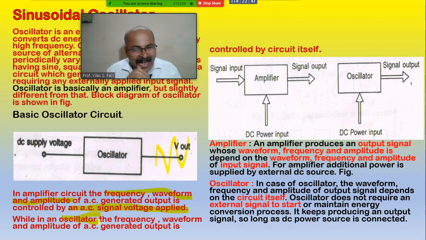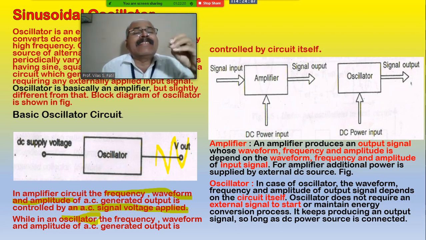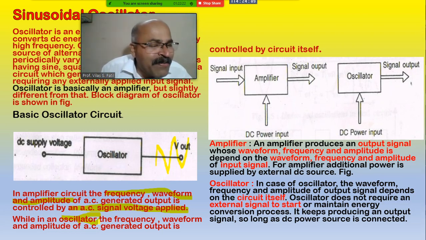म्हणजे इथं काय आहे बघा, in case of oscillator, that is the frequency, amplitude and waveform of the AC wave generated at the output is only dependent upon the circuitry itself. सर्किटवरती डिपेंडंट आहे. आणि एम्प्लिफायरमध्ये ते कशावर डिपेंडंट आहे?